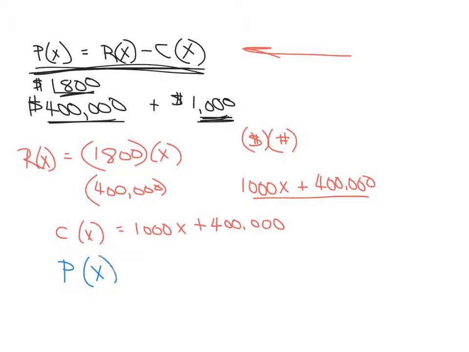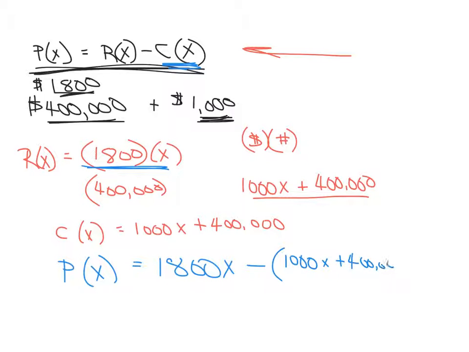So my profit is going to equal my revenue, which I said was 1,800x, minus C of x, which is right here, and my C of x is 1,000x plus 400,000. And there's my new equation that I came up with, kind of.